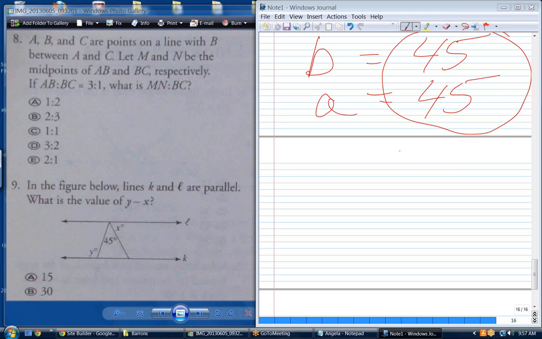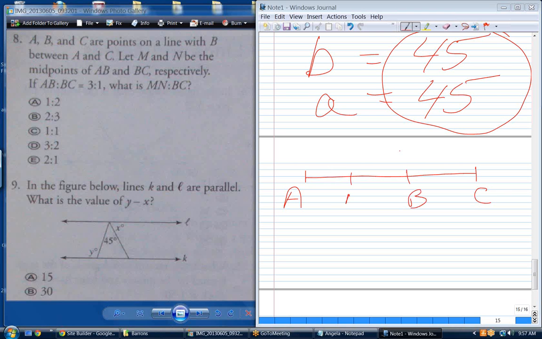What's our first step on number 8? This one I draw the points. And B is somewhere in between A and C. We'll put B right there. Let M and N be the midpoints.